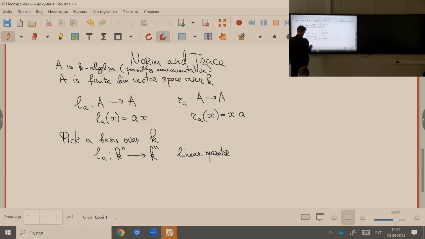And on this finite dimensional vector space, you can define trace, determinant and norm.